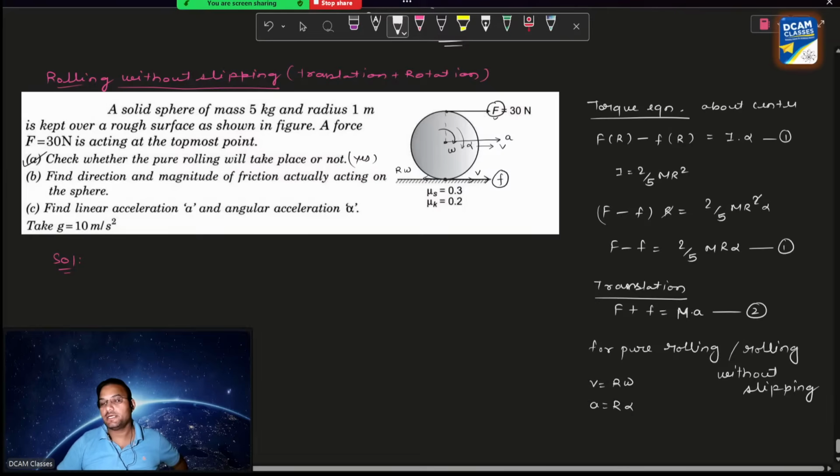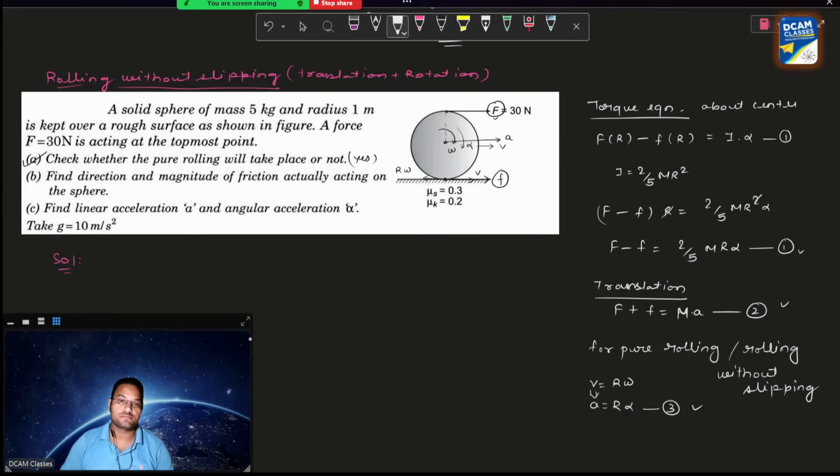To differentiate it, we'll get this. So we'll be using this condition, a is equal to r alpha. Now you can solve 1, 2 and 3 to get your desired result. Friction we can find, a and alpha we can find. See, I'll show you how we'll do it.